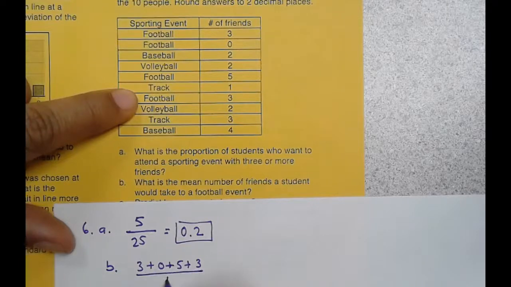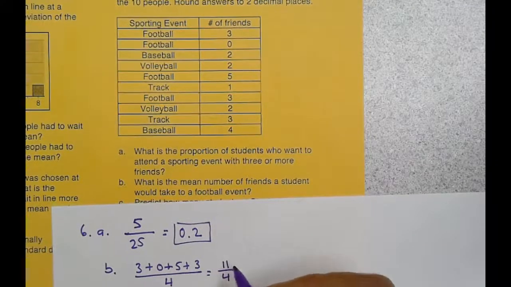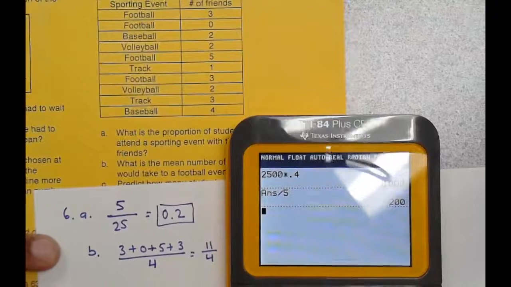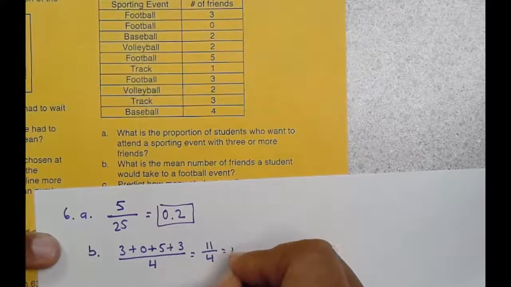So that happened 4 times in the chart. So that's going to be 11 out of 4, or let's get the decimal value. 11 divided by 4 gets us about 2.75.